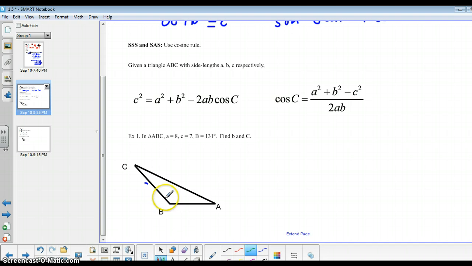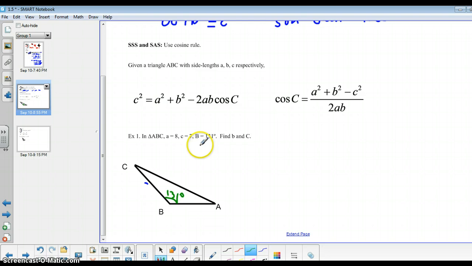Here, my angle B is 131. They give you the angle in degrees, so make sure your calculator is in degree mode, because you want to give the same units in your answer. The way the IB exam is written, if they give you the angle in radians, you give the answer in radians. If they give it to you in degrees, you give the answer in degrees.